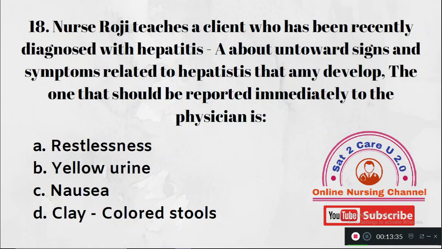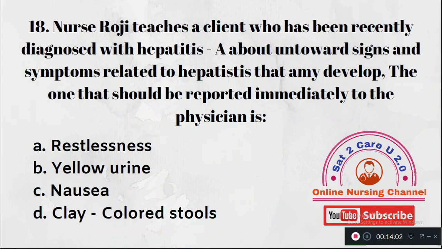Question number 18. Nurse Roji teaches a client who has been recently diagnosed with hepatitis A about untoward signs and symptoms related to hepatitis that may develop. The one that should be reported immediately to the physician is option A, restlessness.